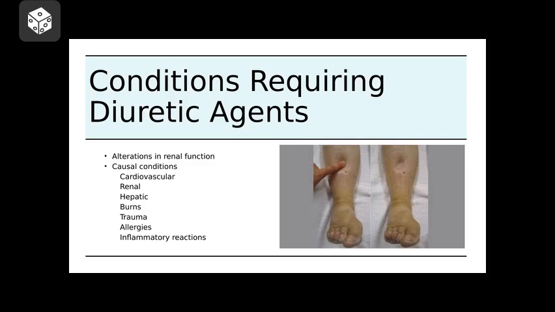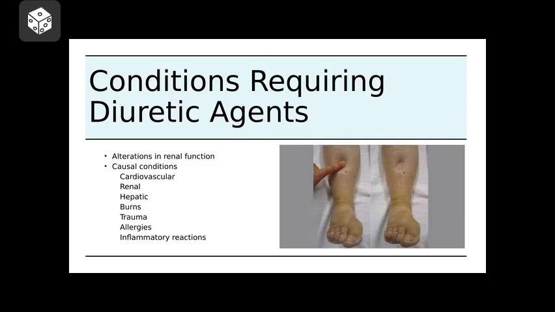Third thing you might see that causes edema would be a decreased plasma oncotic pressure. So this one's a little bit confusing as well. Again, just grasp the concept that the things that cause edema can be treated with these diuretics. This decreased oncotic pressure is the result of low plasma proteins.